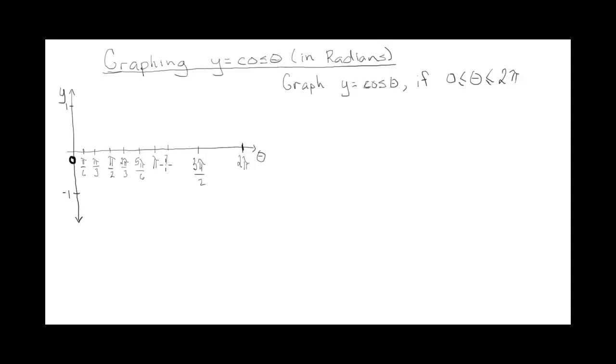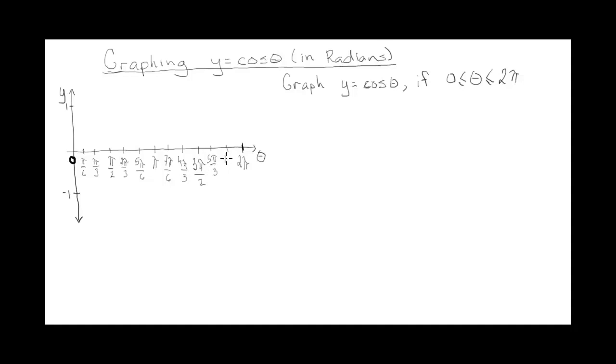This one would be 7 pi by 6. The next one would be 8 pi by 6, but that reduces to 4 pi by 3. And the next one would be 9 pi by 6, which reduces to 3 pi by 2, which is already there. Then 10 pi by 6, which reduces to 5 pi by 3.